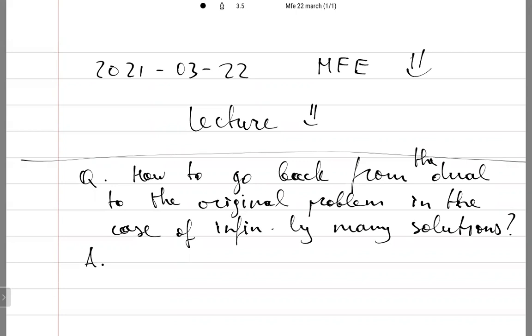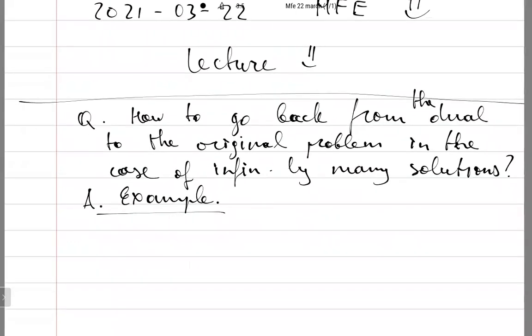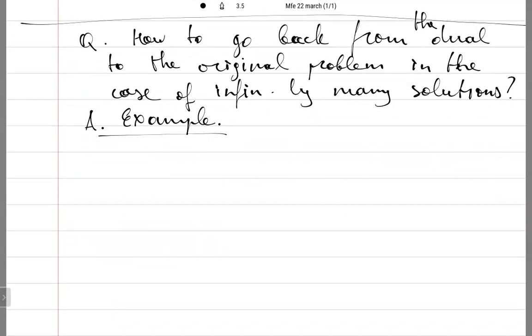I will work on an example. I could just discuss it in general, but I think it's better to do it on an example. So I will invent the numbers.